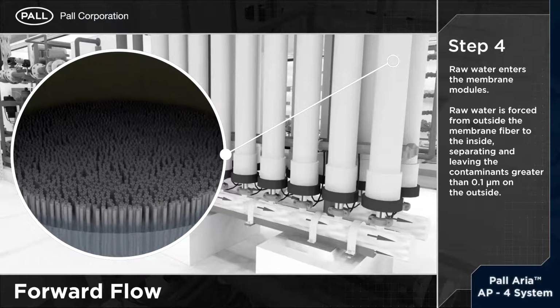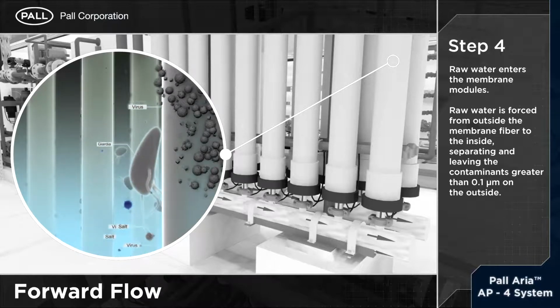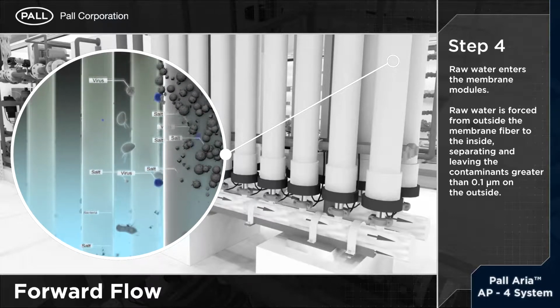Raw water is then forced from the outside of the membrane fiber to the inside, separating and leaving the contaminants greater than 0.1 microns on the outside.